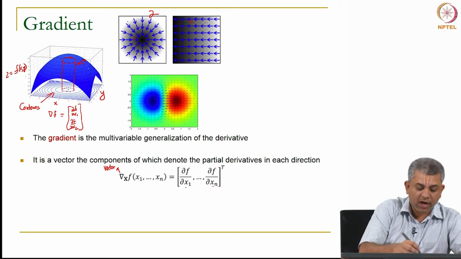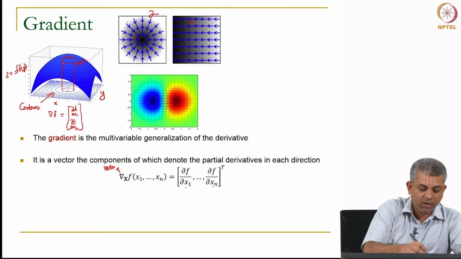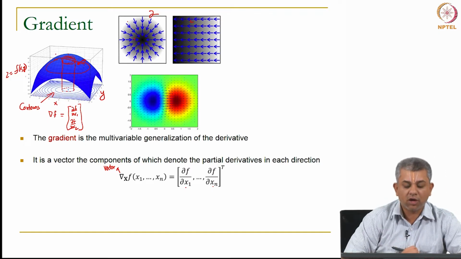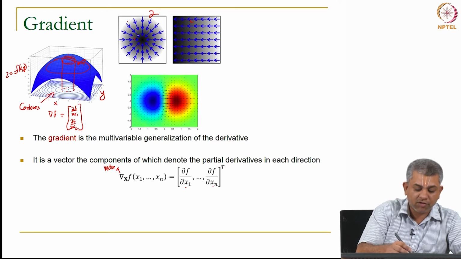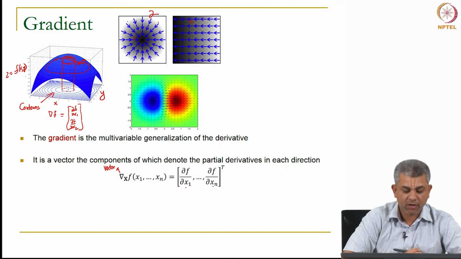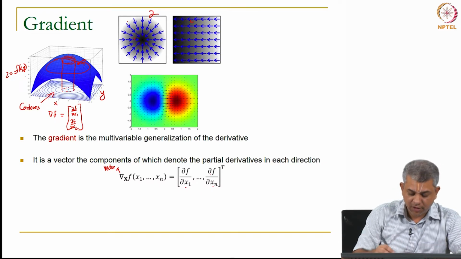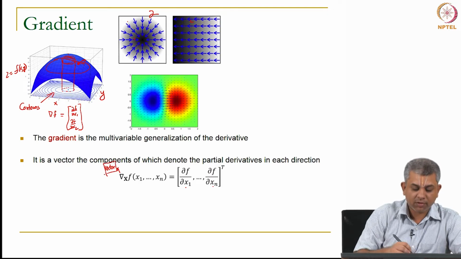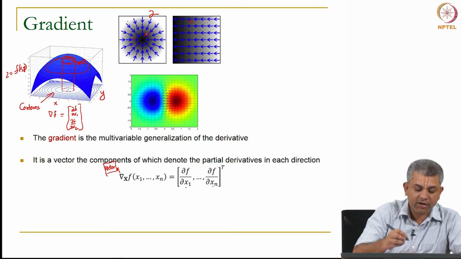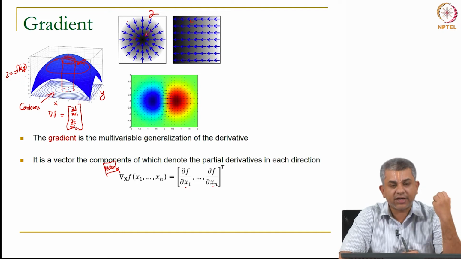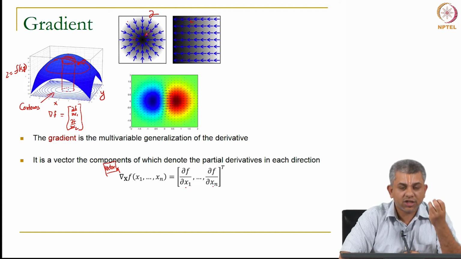Now, this is shaded according to value. For example, here the value of the function is high, here the value of the function is low. So, the place where the value of the function is high is shaded as dark black and later on it is shaded white. Okay. Now, the gradient, notice, is a vector and the direction of the gradient tells you in which direction the change is the sharpest.